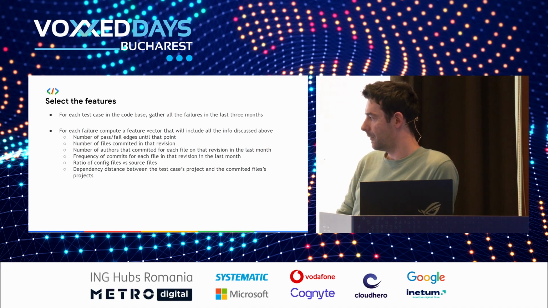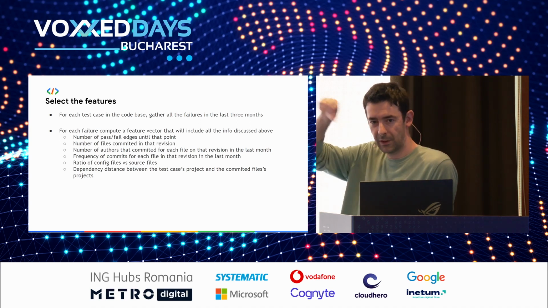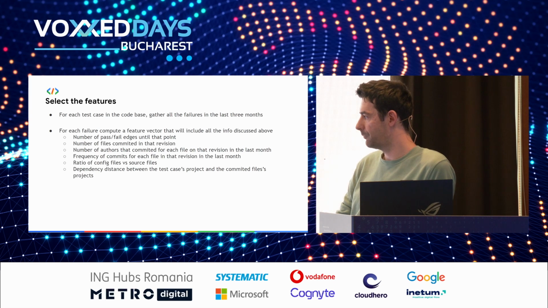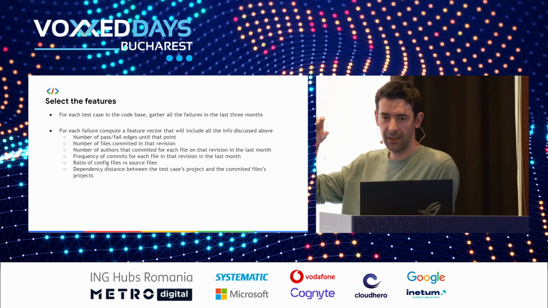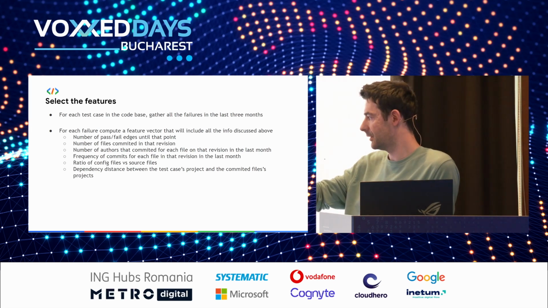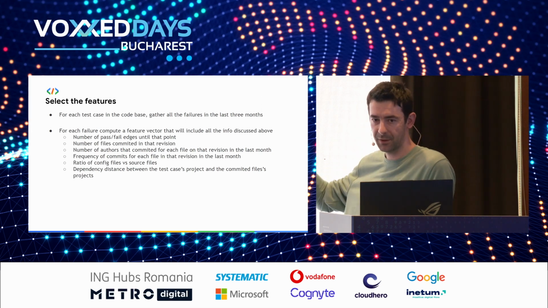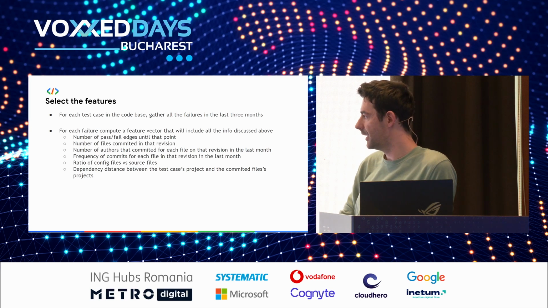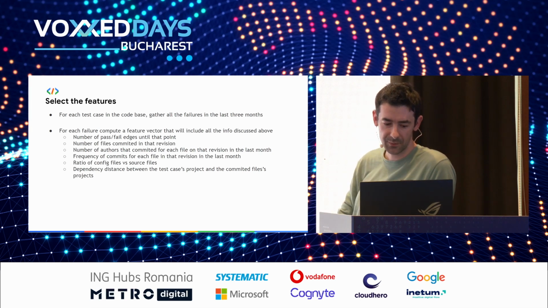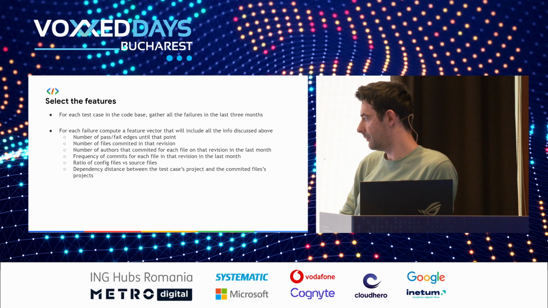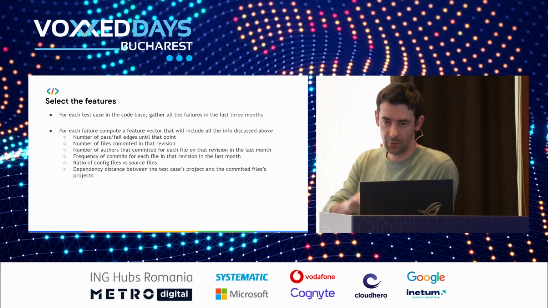So to go back to the example with that small graph diagram, if you change file A in a project and you have the test that failed, which is in the same project, then the distance is 0. But if you have a test that failed and is in a completely different project, you're going to measure that dependency, because there has to be a dependency there. Otherwise, that test would not have run in the first place. And you're going to count that number, whether it's 3, 4, however far in the repository that project is.